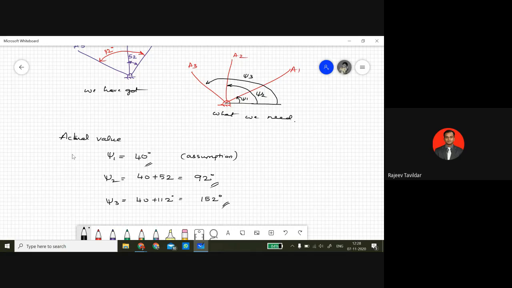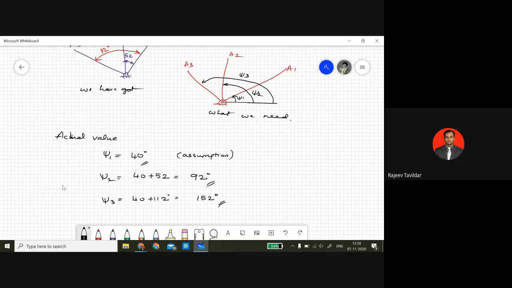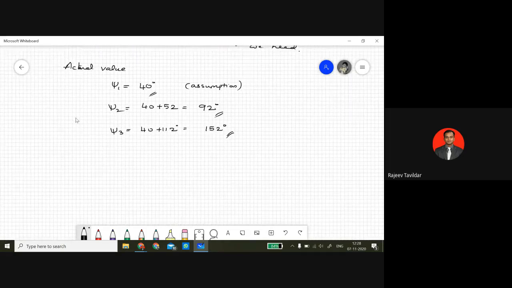Okay, so I got the actual values of psi1, psi2 and psi3 now. I hope this concept is clear. There is no doubt here. Yes, sir, it's clear. On similar lines, we can also find the actual values of phi.